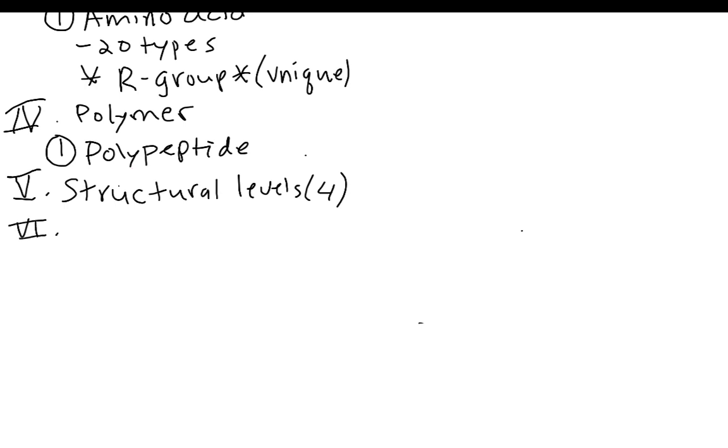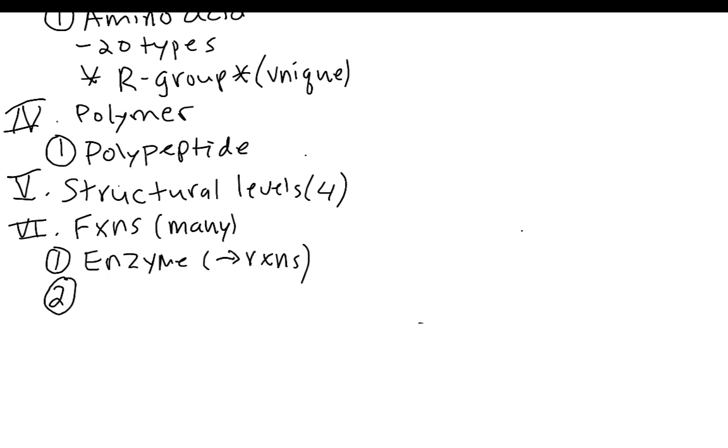And then not functional groups, but functions, as in what they do. There are many functions of proteins, and I'll write down some of them. So one of the most important ones is acting as an enzyme. Enzymes are proteins that promote reactions, very specific because they're all particular shapes.